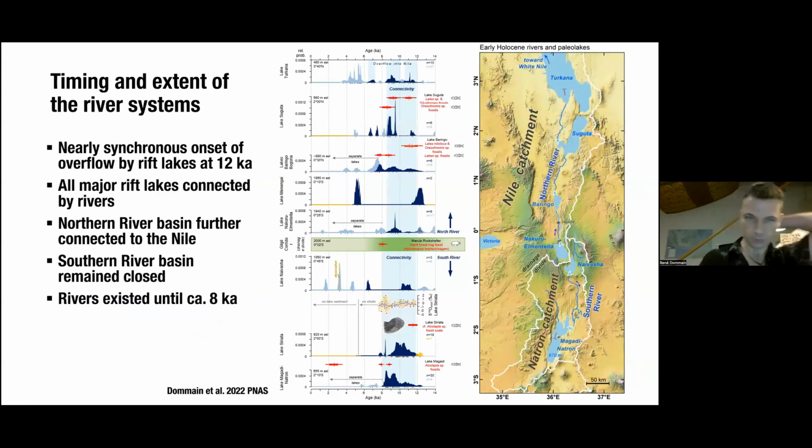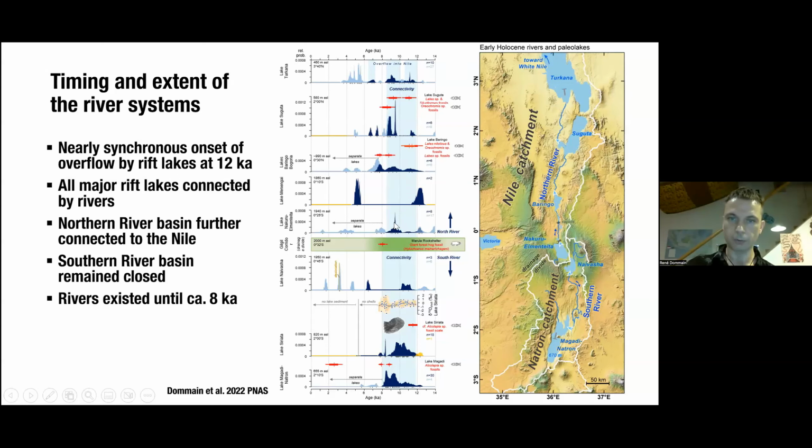So here in this complicated figure in the middle, I show these probability distributions for radiocarbon dates for all these lake basins, starting at 14,000 years, going back all the way to the present. And the dark blue areas show when a lake was overflowing. And the blue band shows the connection of these lakes, that is the existence of a river system.